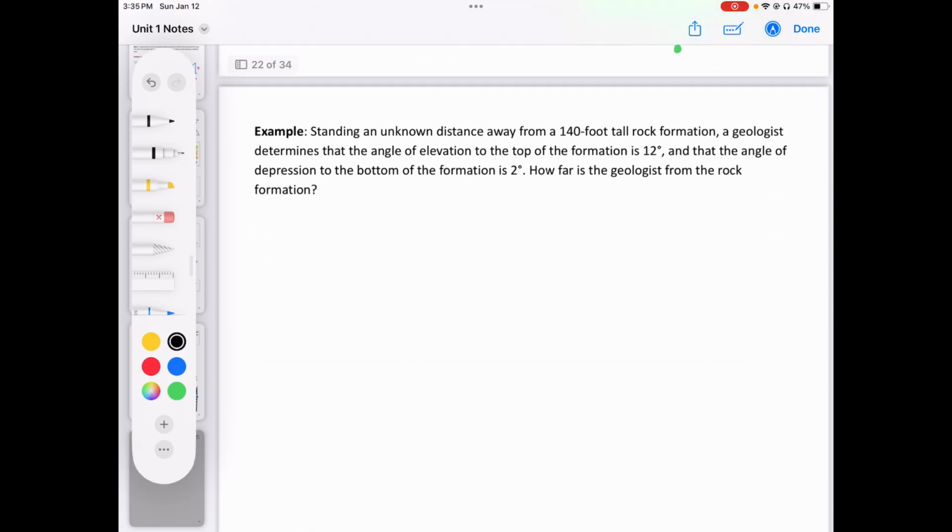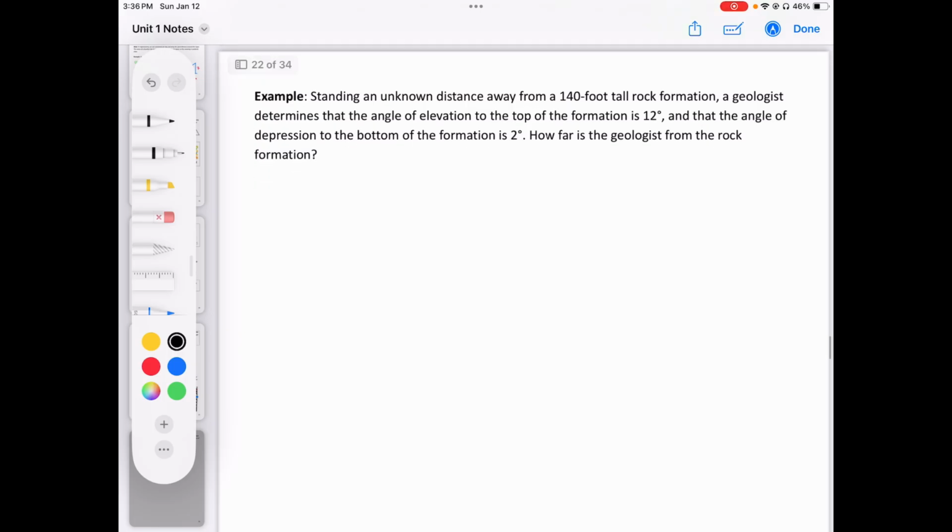Okay, one last question. Standing at an unknown distance from a 140-foot tall rock formation, a geologist determines that the angle of elevation to the top is 12 degrees and that the angle of depression to the bottom is 2 degrees. How far is the geologist from the rock formation? All right. We are going to draw a beautiful rock formation.